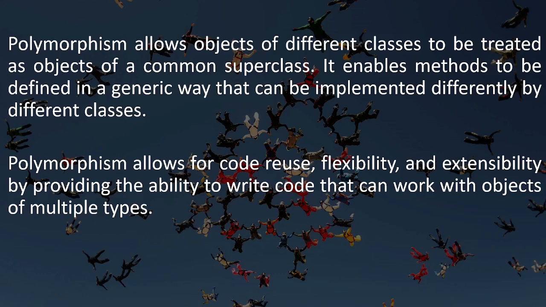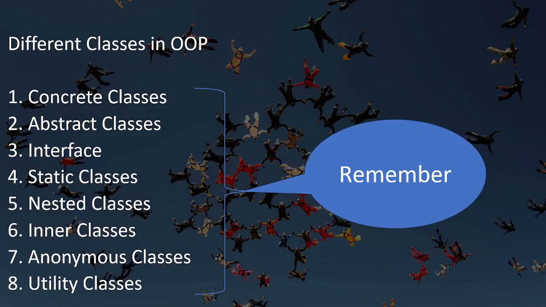We have 4 pillars, and one of the pillars is polymorphism. Since different kinds of classes will be coming, we have to note down these keywords and keep them in mind. Although we have covered classes, objects and methods already, certain things you have to keep in mind.